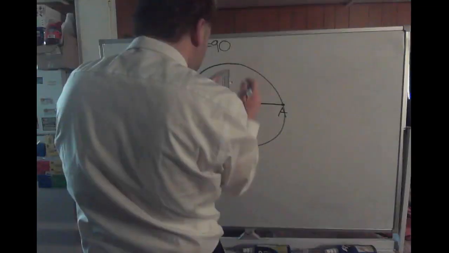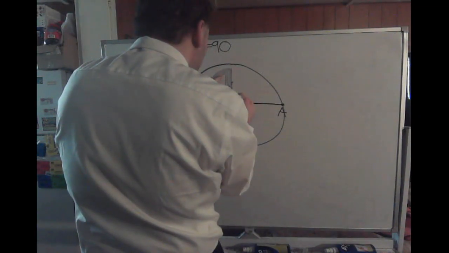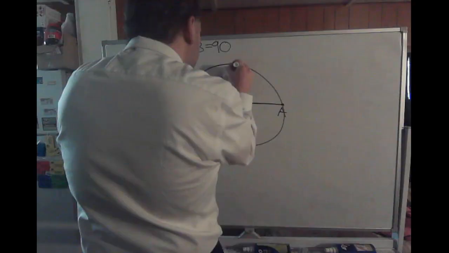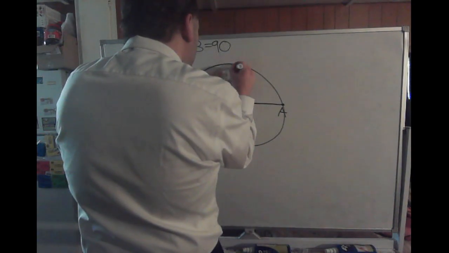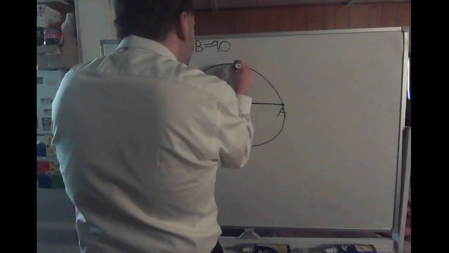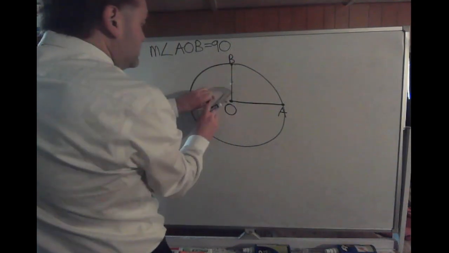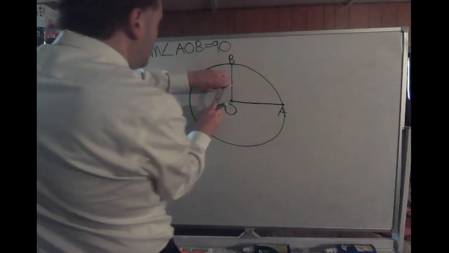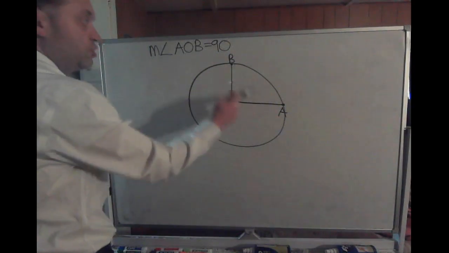Alright, let's go ahead and do that here. Let's draw a nice 90-degree angle. Perfect. So we have angle AOB formed.